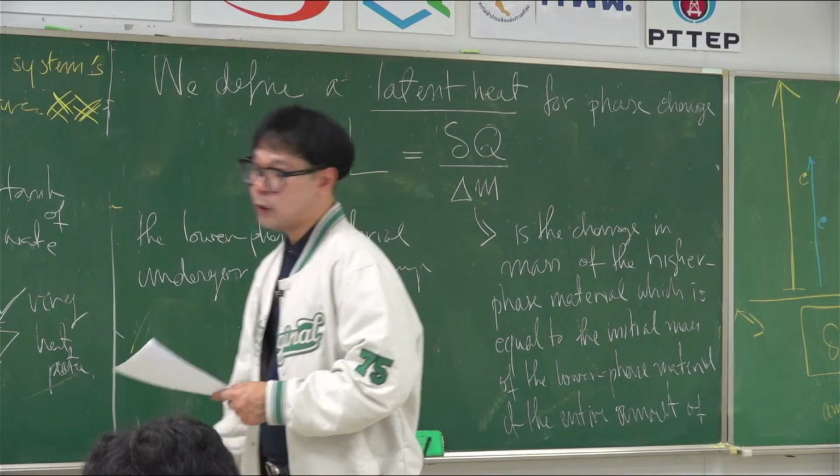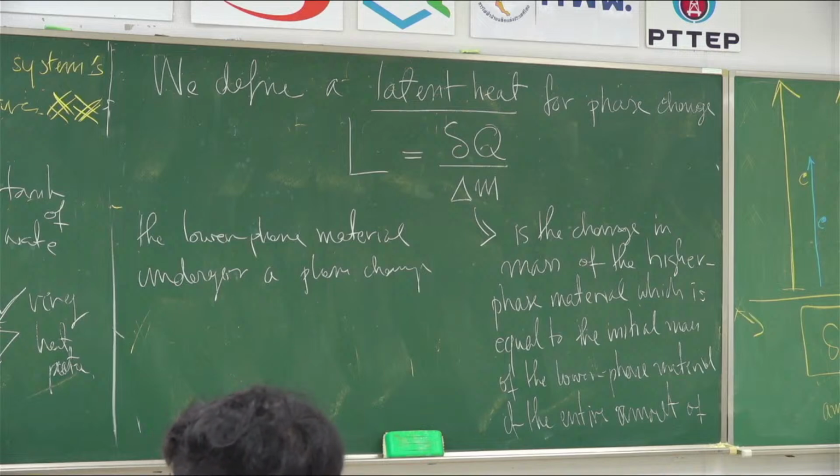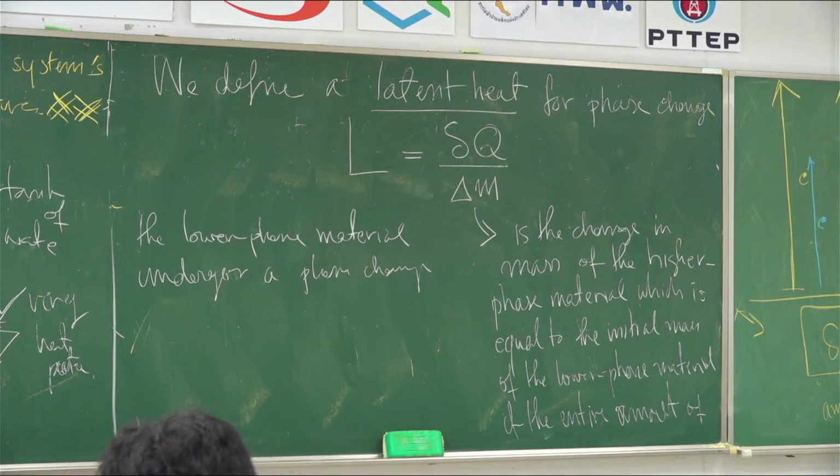So you can see what I mean by the higher phase and the lower phase here. This should be the lower phase here, because of the direction of the change in this way, this is the higher phase. In this situation, if the total ice cube here melts completely to water, the delta M is nothing but the mass of the ice cube or the water. That's the thing.